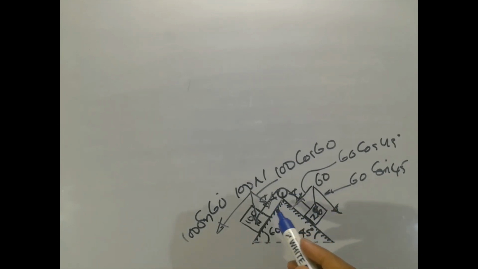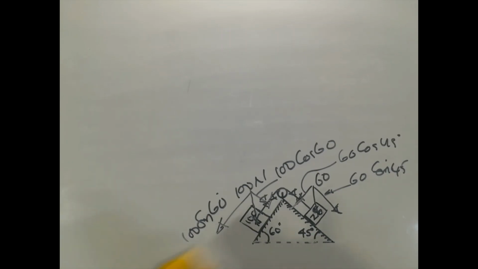Because the pulley is frictionless and weightless, and the string is inextensible but weightless. Inextensible means it will not extend, but it is flexible and has no weight. With these points in mind, we can solve the problem.